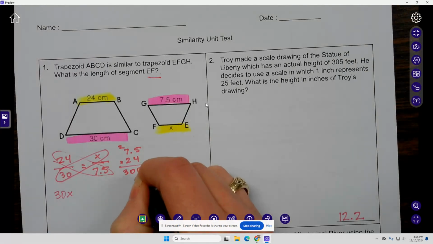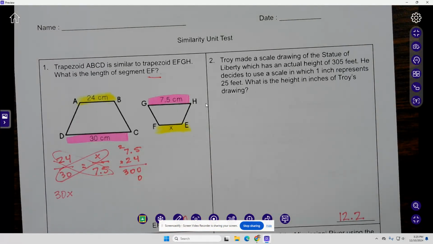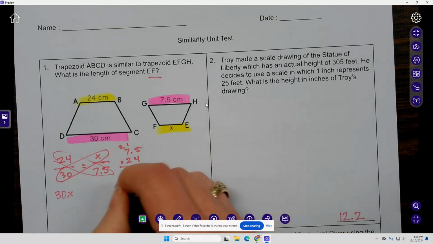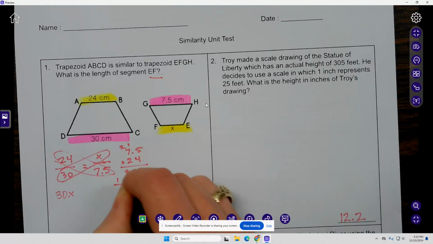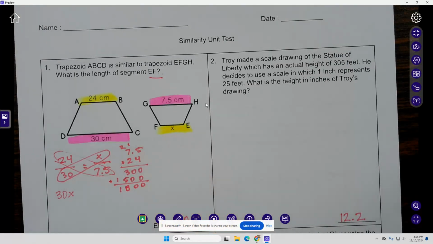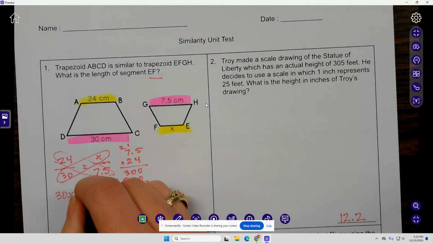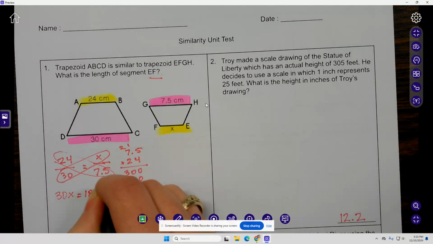Now that I'm finished with the 4, I have to add my 0. 2 times 5 is 10. Carry my 1. 2 times 7 is 14, plus 1 is 15. So I'm going to add that together, and I get 1,800. So my equation is 30x equals 1,800.